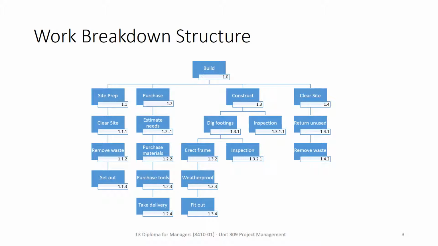So the build requires, across the top line, the site to be prepared, purchasing of stuff, the construction, then the clearing of the site, and then each of those, as we said, broken down into smaller components. So site prep relies on the clearance of the site, the removal of the waste, and the setting out of the site. And then for purchase, we need to estimate the needs, purchase the materials, purchase the tools, take delivery, and so on.